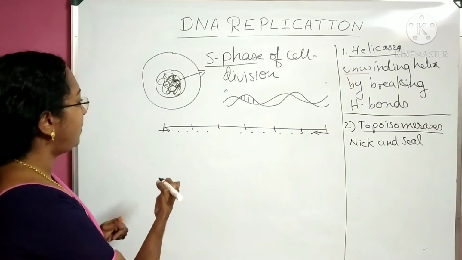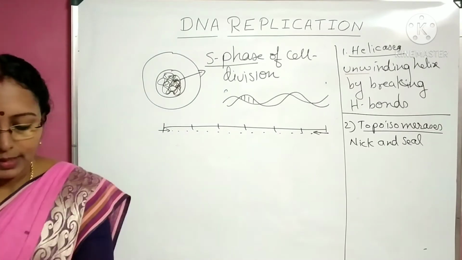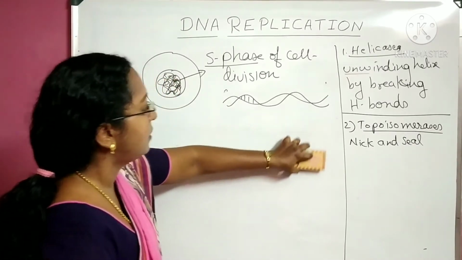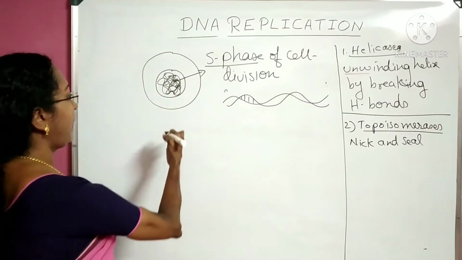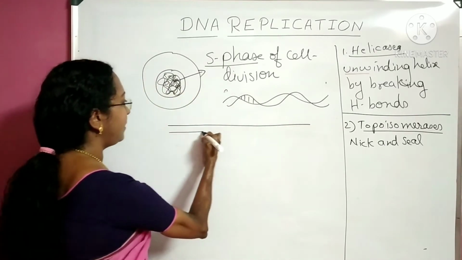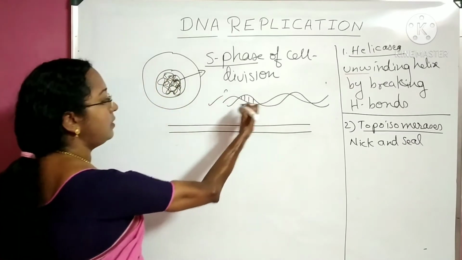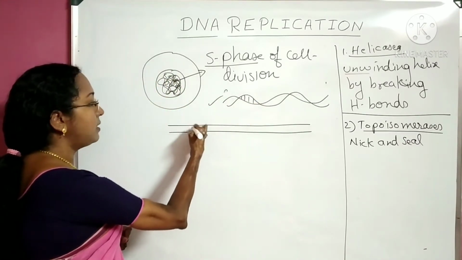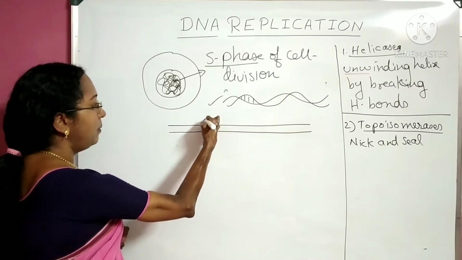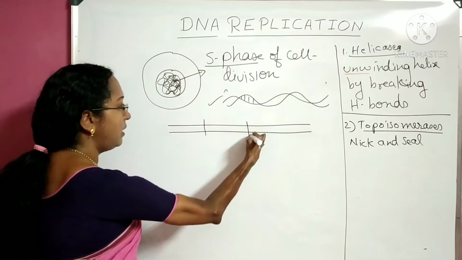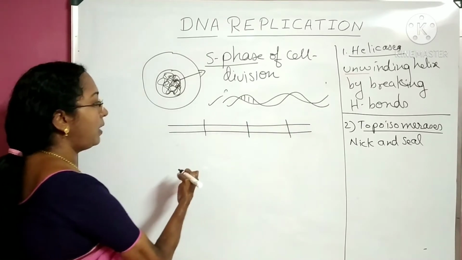Okay. For example, I'll tell you, if DNA replication is beginning, I'm just drawing DNA as two parallel lines, and there are hydrogen bonds between them. Imagine DNA replication has begun here, one side, this is another side, this is a third side, likewise.